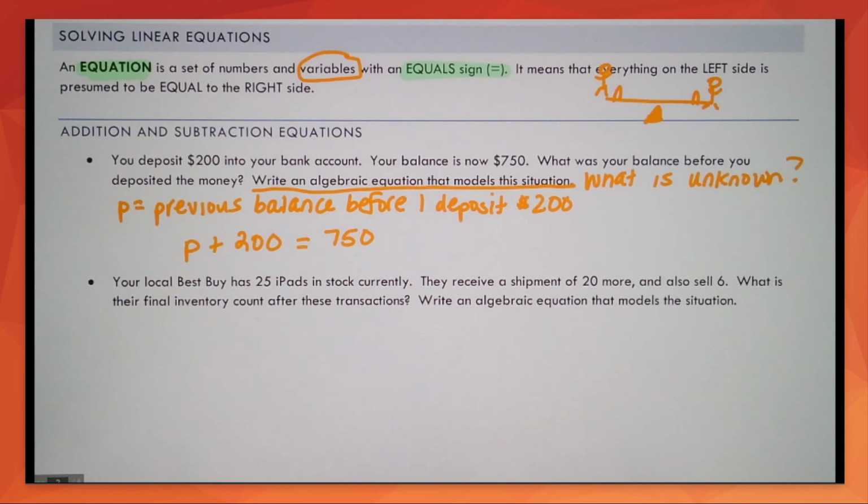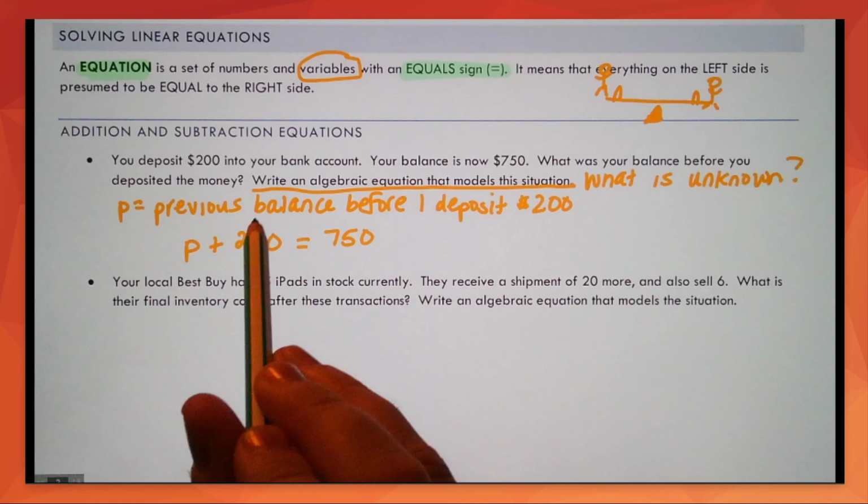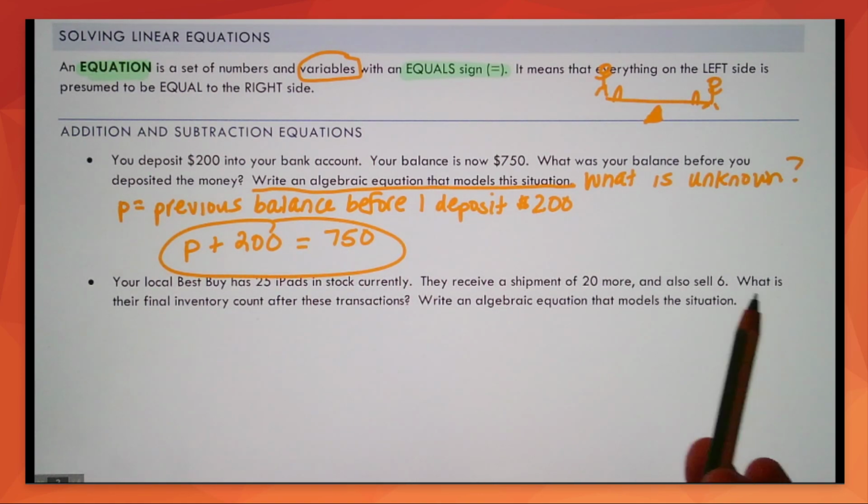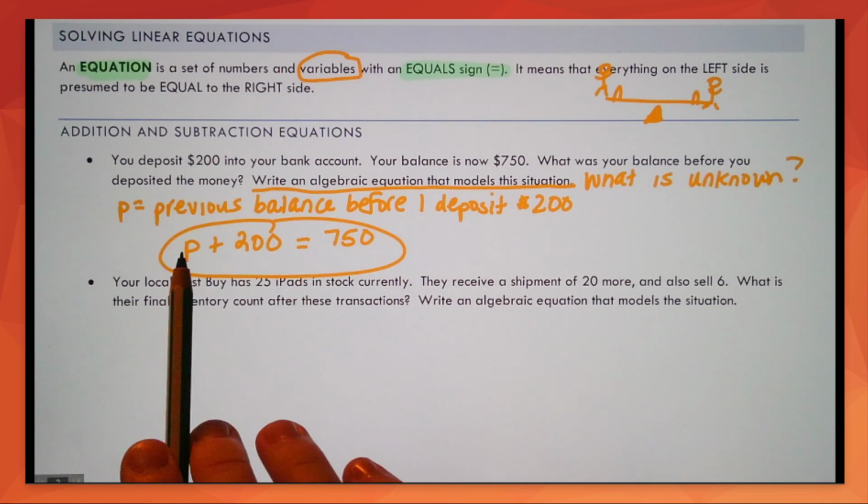And the question is, how can I solve this now? How can I find out what the amount is that is P? What could P be? Well, P could be any number, but there will only be one specific value that's going to make this a true statement. Let me give you an example of what would not be a true statement. Let's say I just looked at this problem and said, well, P is 1,000.